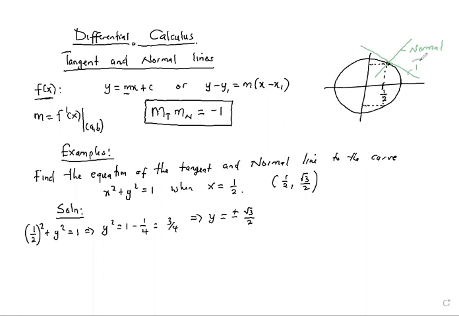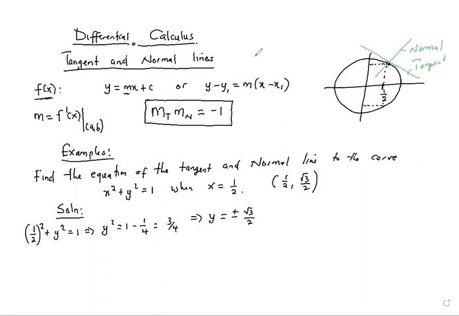This is the tangent. So we want to get this now. For both of them, we need to get a gradient. The first gradient will be the gradient of the tangent.